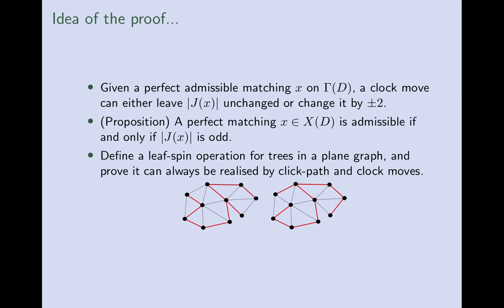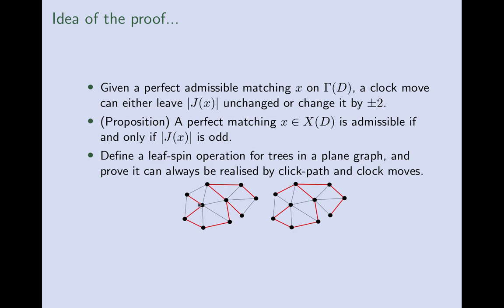Then, in a different direction, we can define another operation on graphs. Specifically, if we have a plane graph and a tree inside it, you can see here an example in red, we can define an operation which is called leaf spin, which basically just consists of taking a leaf, so a terminal edge here in red, and swinging it about its terminal vertex.